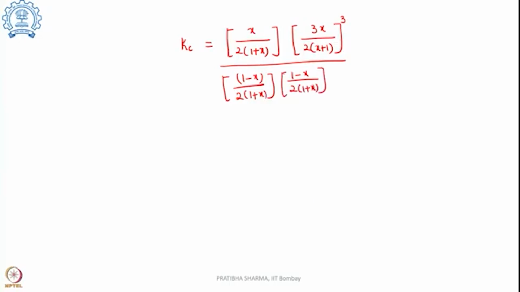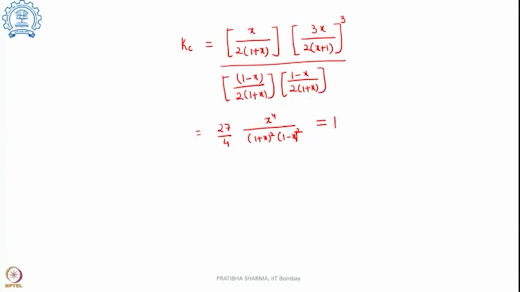We will be solving this problem, and that gives us a factor of 27 by 4. Solving this, x to the power 4 upon 1 plus x square times 1 minus x square is equal to 1, as given in the problem.